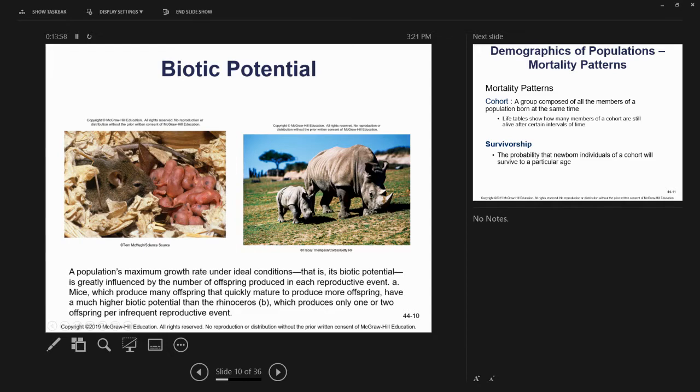Whereas if we only have one or two offspring per reproductive event, and there's a long gestation period where this female rhino, while carrying this before birth, would be out of the reproductive population. And then they also spend significant time caring for those young, so they're removed from the reproductive population. So this population is going to grow much more slowly.